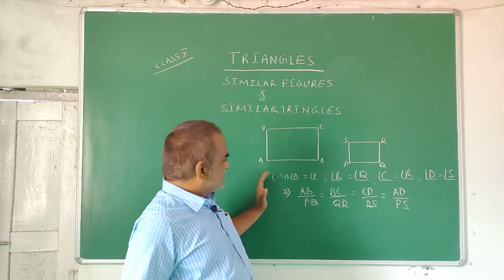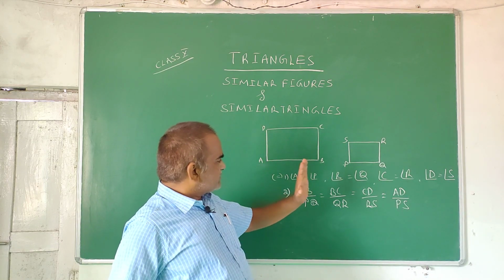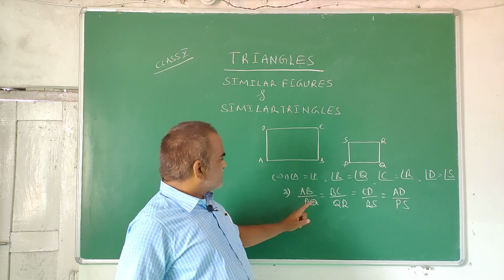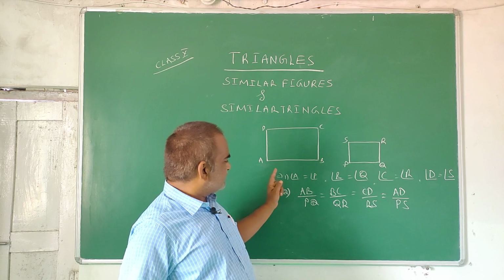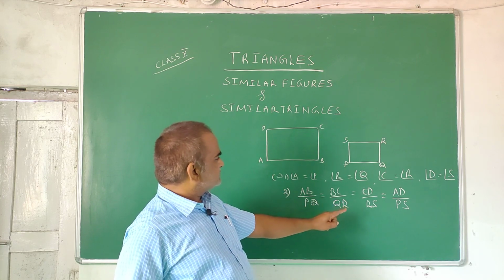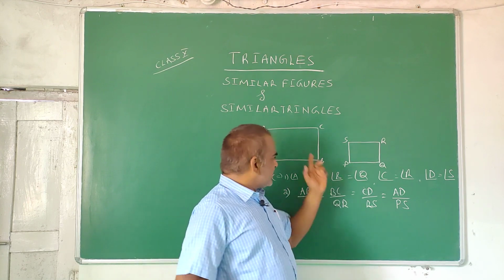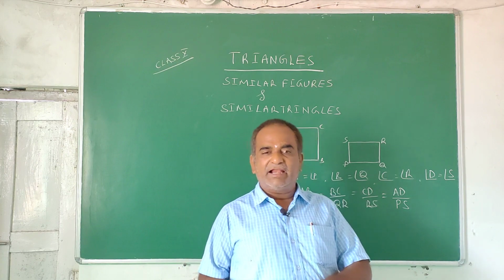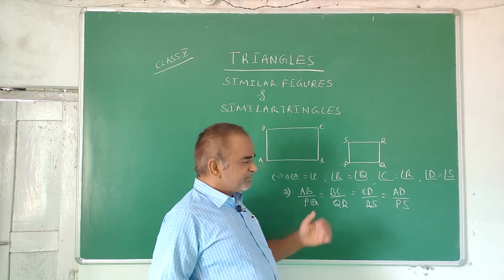So the corresponding angles must be equal and the corresponding sides should be in proportion. That means the ratio between the corresponding sides should be equal, like this. Are you following? So in such a case, the two quadrilaterals are said to be similar. Did you understand these two points?